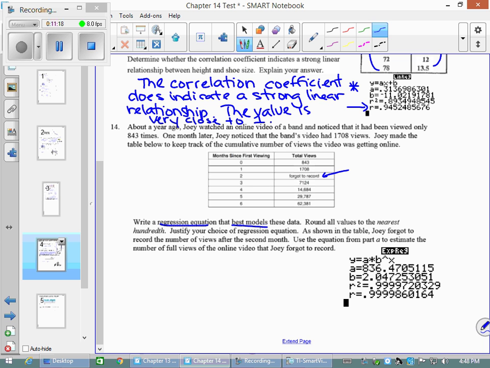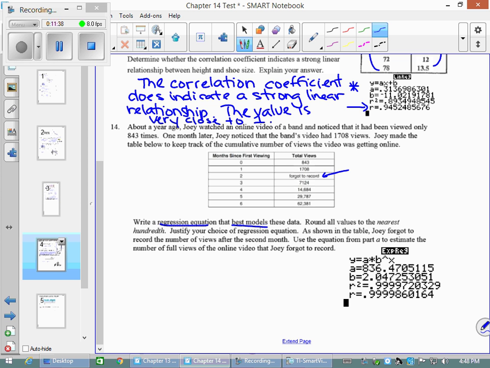So I really need to look at my data. I'm going from about 840 views all the way up to 1,700 views. Then we lose track. Then we have about 7,000, which is going up to about 14,000, which is going up to about 30,000, and then 62,000. So to me, it appears that these numbers are doubling.